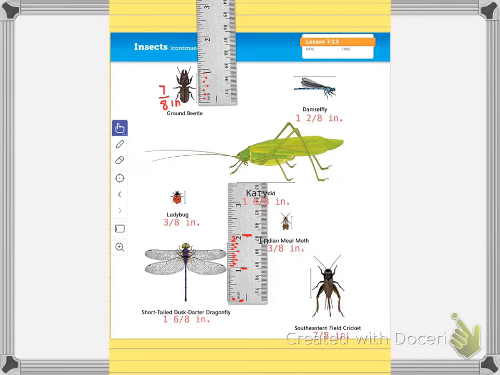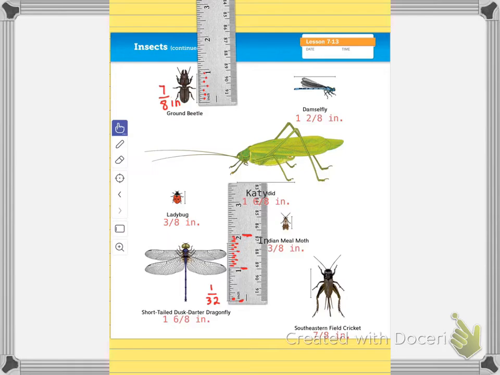Well, if you said a 32nd, 1/32, you are correct. And some people have actually measured to those. I have seen some measurements where it'll say like 1 7/32, because we want to be super precise. So the smaller the measurement you get, the more precise you are.